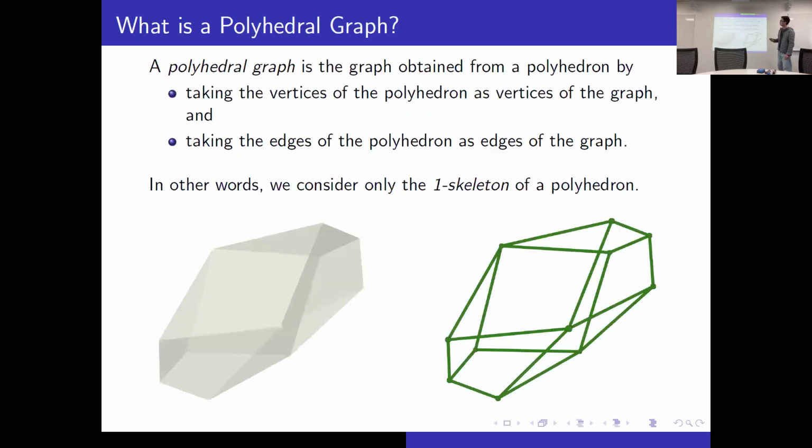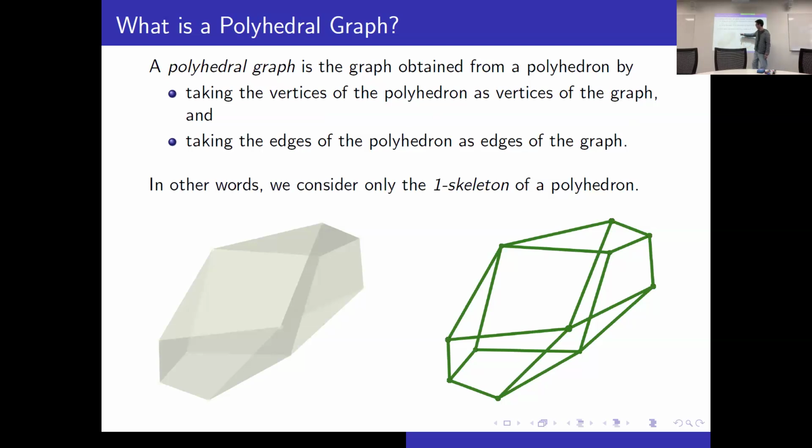Okay, so we will introduce what a polyhedral graph is. It is in our title, so it is what we are interested in. A polyhedral graph comes from any polyhedron in 3 dimensions. You take any polyhedron you like, then you consider its 1-skeleton.